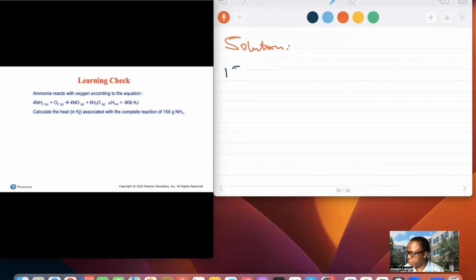First, change 155 grams over NH3, using the molar mass of ammonia, 1 mole of NH3.